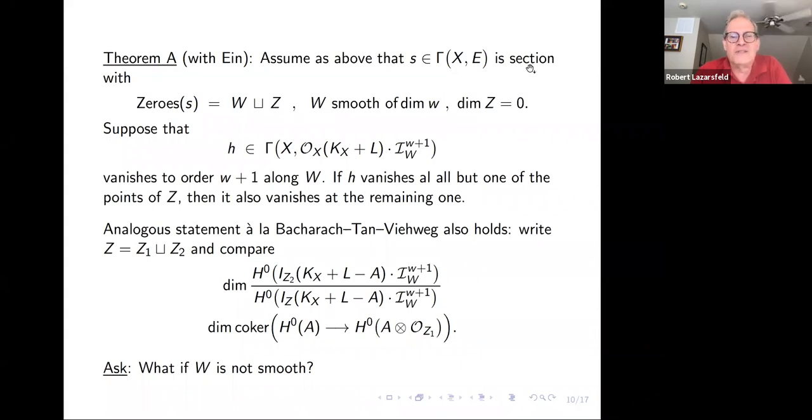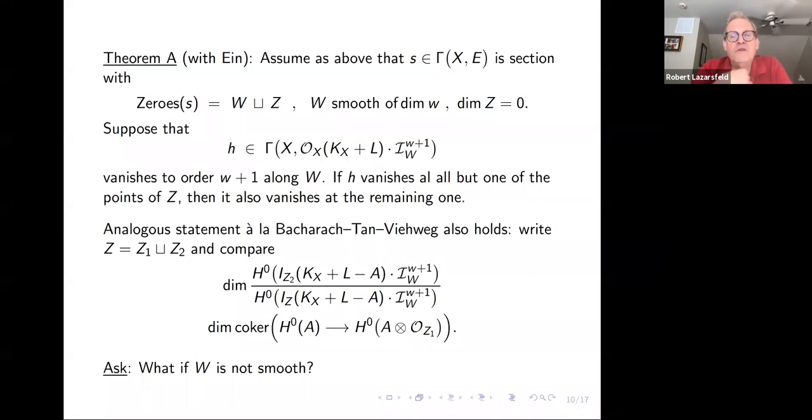Again, for simplicity, let's assume it's transverse, so we don't need to worry about residuation. And now I want to assume that I have a section of K_X plus L that vanishes to order dim W plus 1 along W. In our case of curves in P3, we wanted it to vanish twice along that curve. And then the claim is that if that section vanishes at all but one of the points of Z, it vanishes also at the remaining one.